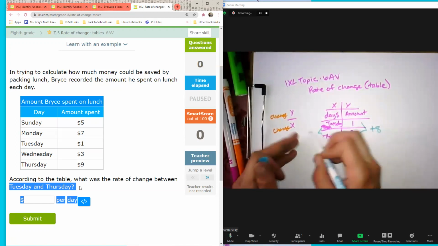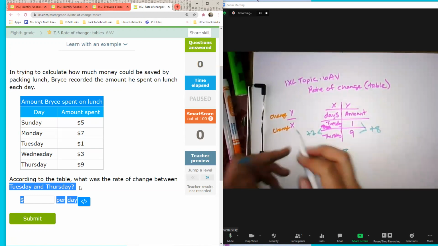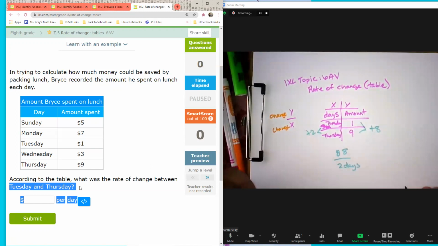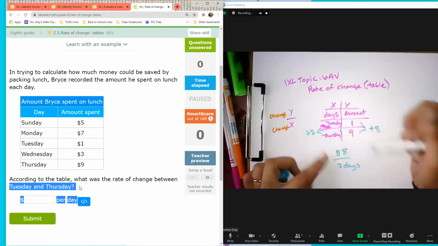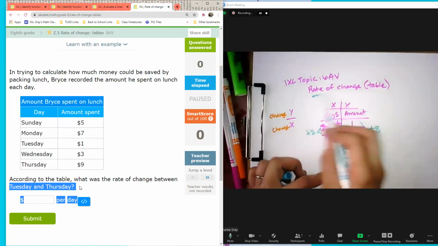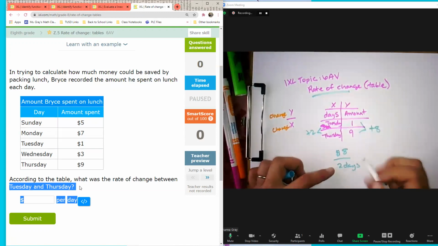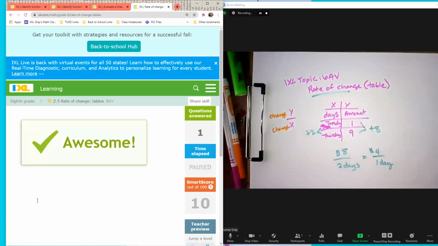And this side goes up by 2 days, right? So you're really saying $8 on top, the Y's on top, every 2 days. So I'm putting the change in Y over the change in X in a fraction. And this is what creates my rate of change, that idea of something per something. So it's $8 per 2 days, which I can reduce down to 4 over 1, right? So that's $4 every 1 day, which that's what's asking for here. How many dollars per day?